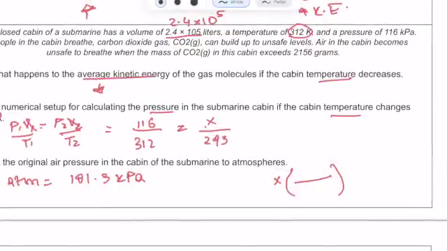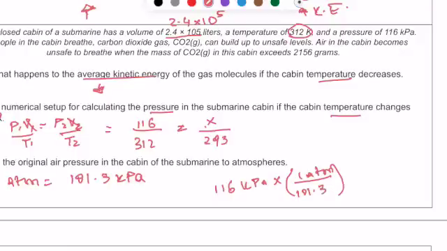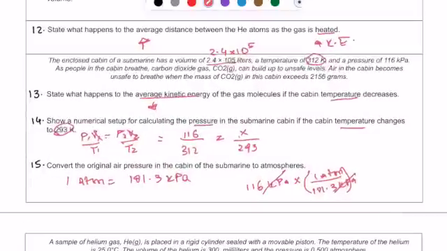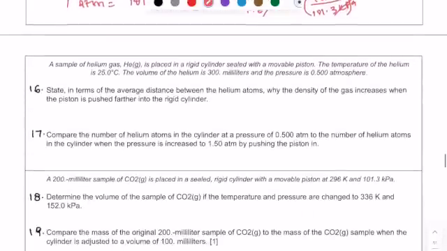I used the volume. You should have 116 kilopascals. So multiply this with 1 atmosphere is equal to 101.3 kilopascal. So just do the division and get your answer.